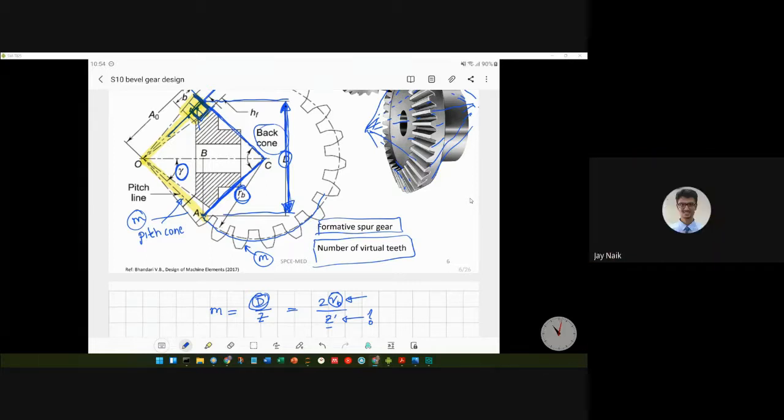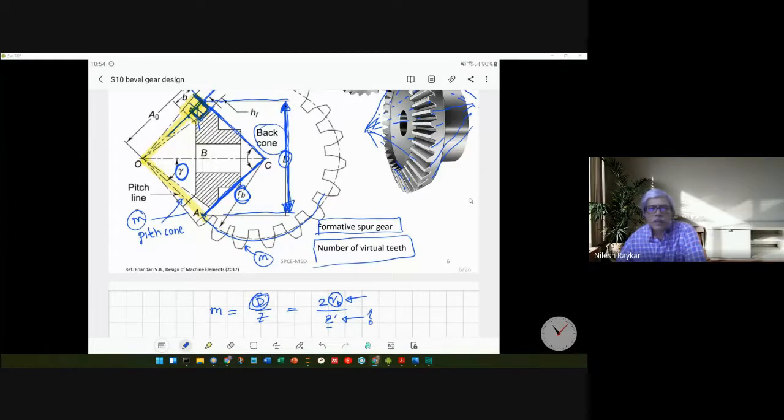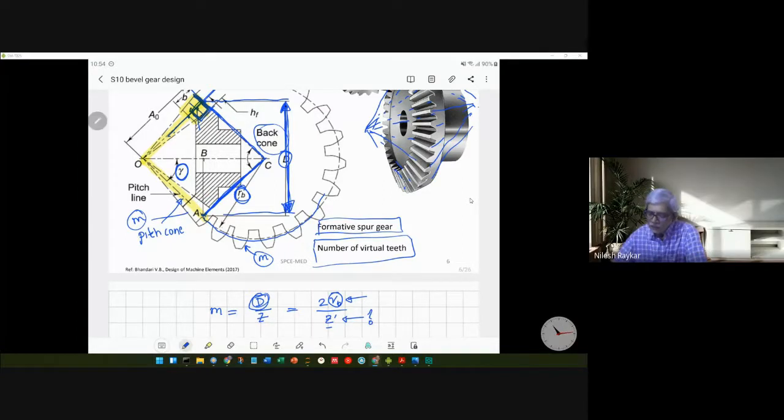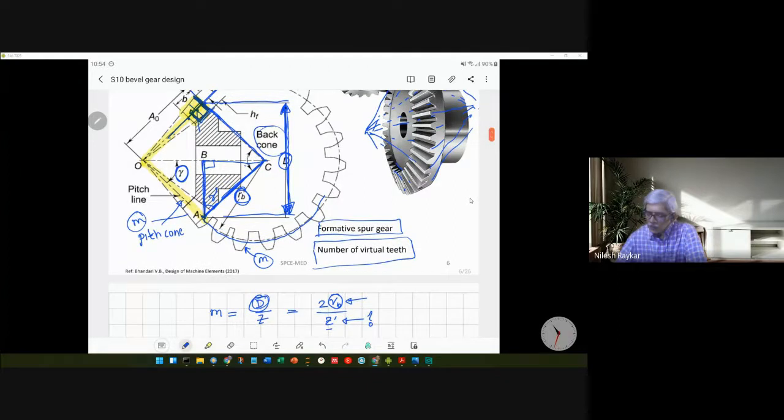2 times rb cos gamma. Yeah, that's right. So you have the right angle triangle here, where this angle would be equal to gamma, and this particular height is equal to t by 2.